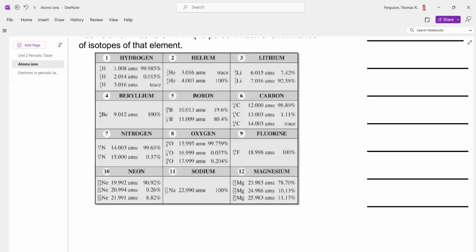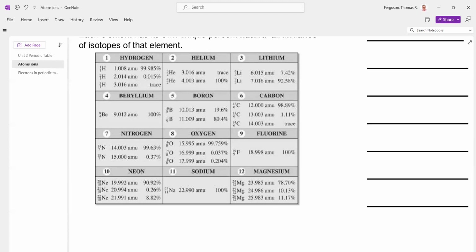So when you look at the decimal number for oxygen, it's rounded to 16.00. If you have more decimal places, it's 15.9999. It's really close to 16 because almost all the oxygen is the isotope 16. There's a little bit of 17 and 18, well below 1% on both of them.